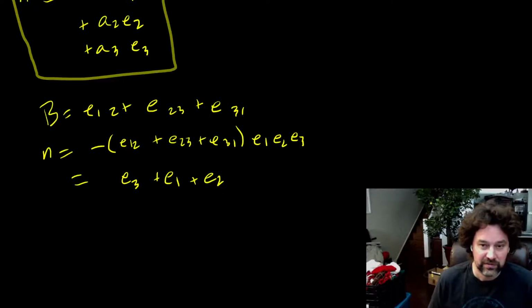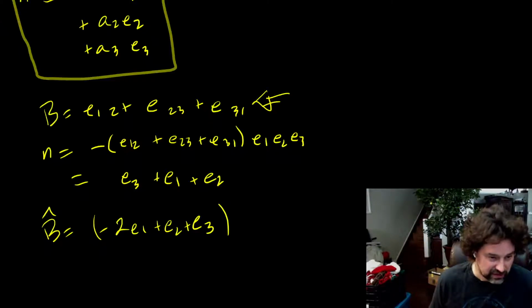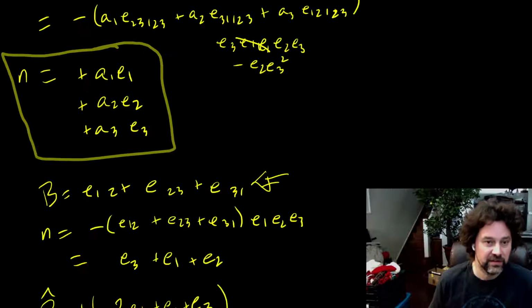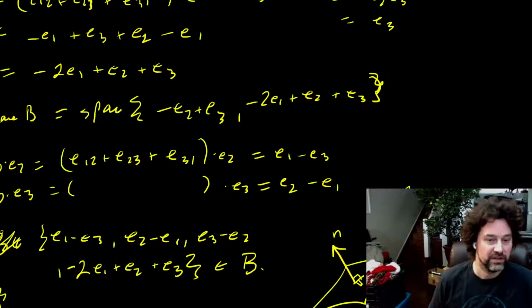For this particular bivector, we were able to split it into various components. So one of those was minus 2 e1 plus e2 plus e3. And let's say we have the unit bivector, so 1 over root 6 will be one factor, and the other was e3 minus e2.